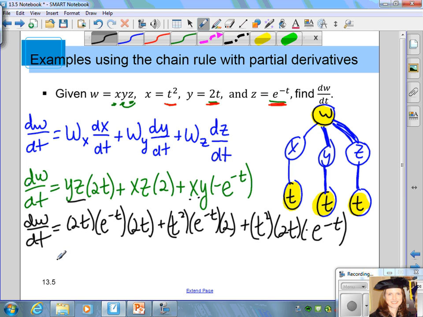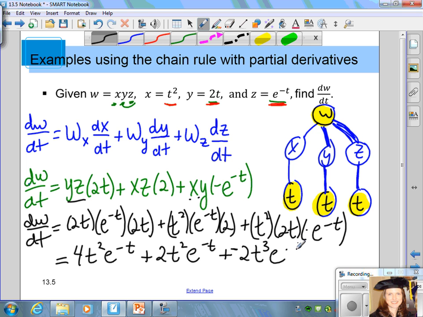We can simplify this. This will give us 4t squared e to the negative t plus 2t squared e to the negative t, plus a negative 2t to the third e to the negative t.